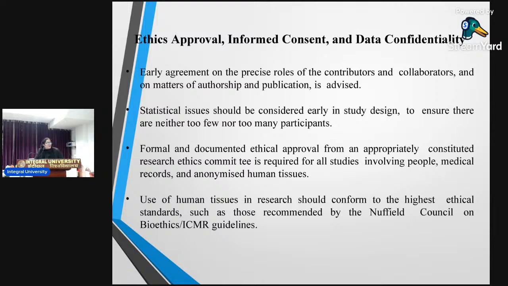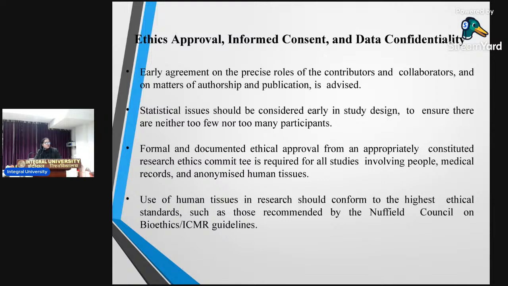Formal and documented ethical approval from an appropriately constituted research ethics committee is required for all studies involving people, medical records, and anonymized human tissues. So the third point: formal and documented ethical approval from an appropriately constituted body.